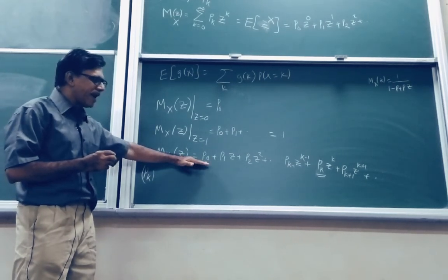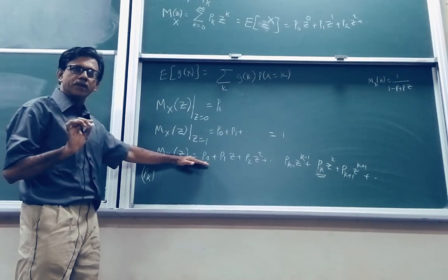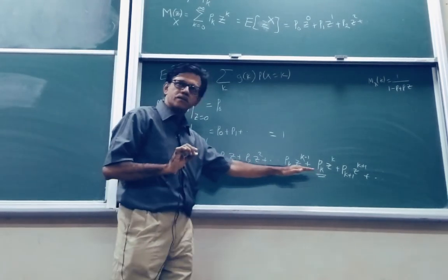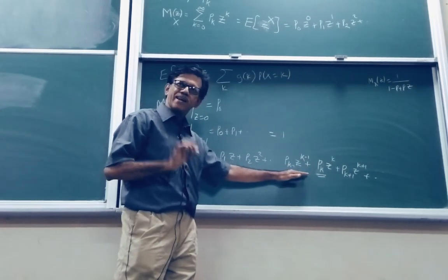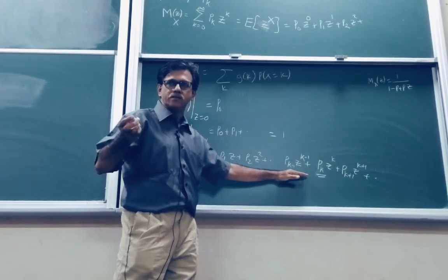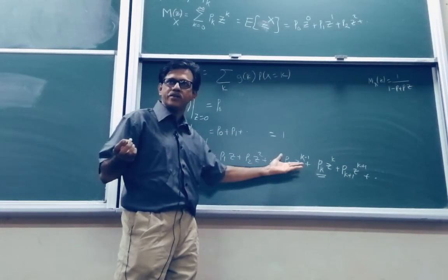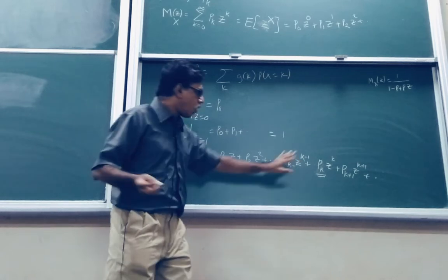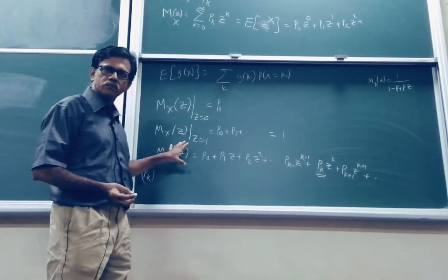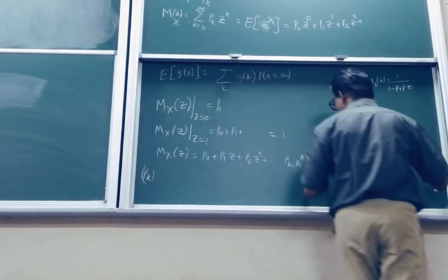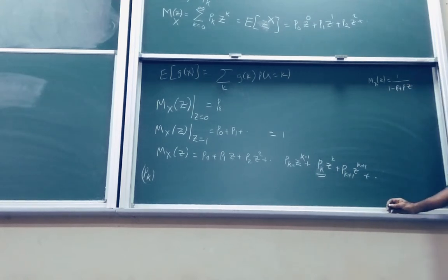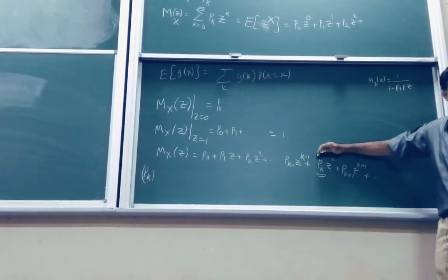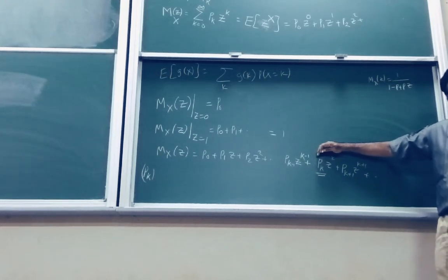If we differentiate it k times, then all terms with power of z less than k will vanish. So all these are gone. I have from this onwards. This will be there. What will happen to this term? If I differentiate it k times, there won't be z. You can put z is equal to 0.